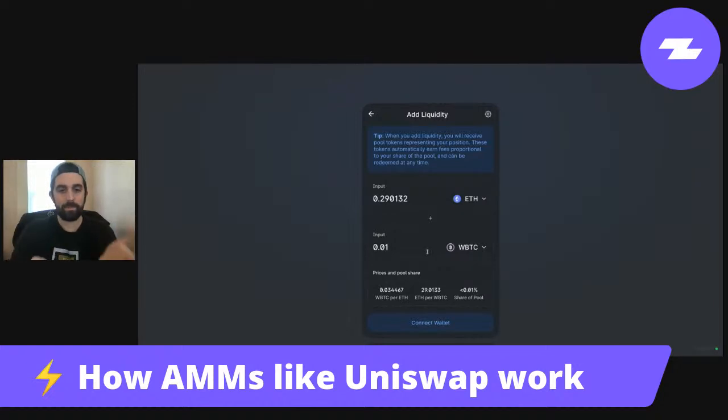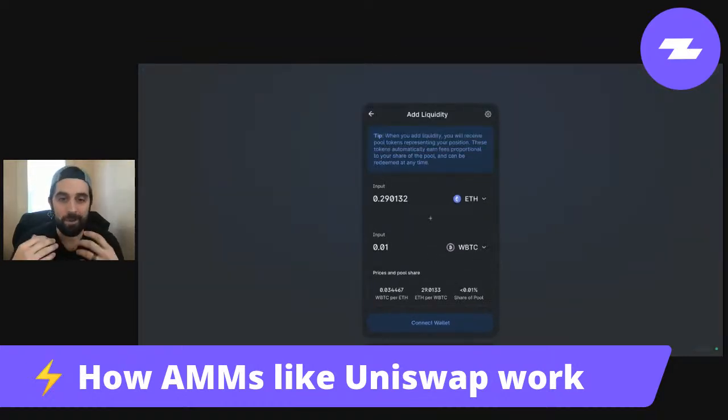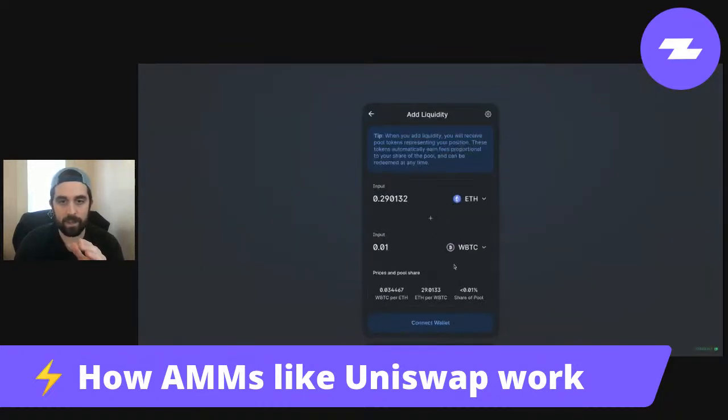And then once I deposit those, I then own a share of the pool. So in this case, I'll own a very, very small amount, less than 0.01% of the pool. But let's pretend for a sec that I owned 1% of the pool, let's say there was $100 million in the pool and I put in $1 million.